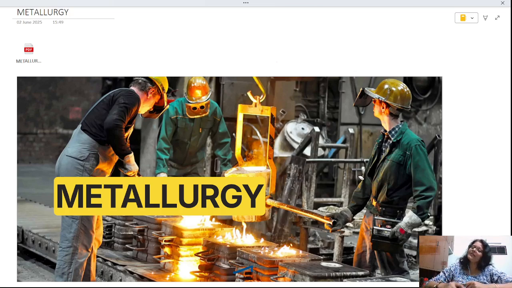So for that, they combine with other elements to form a compound. And compounds are of two types, which we have learned as well: ionic compounds and covalent compounds. In ionic compounds, one element gives out its electrons to the other one which is in need.